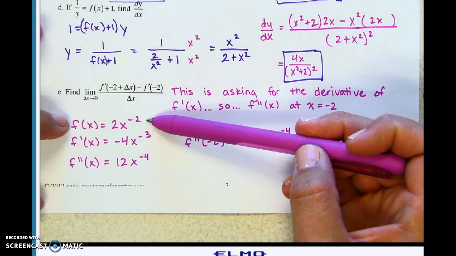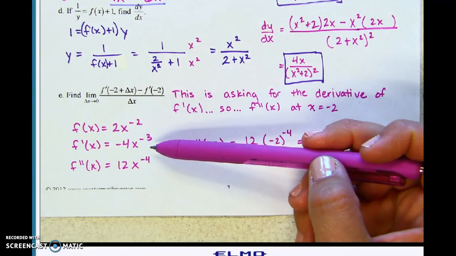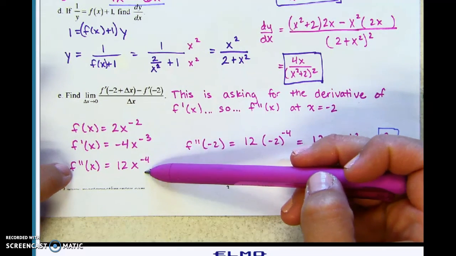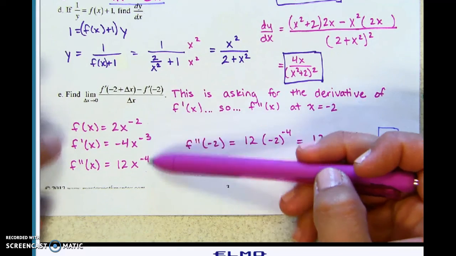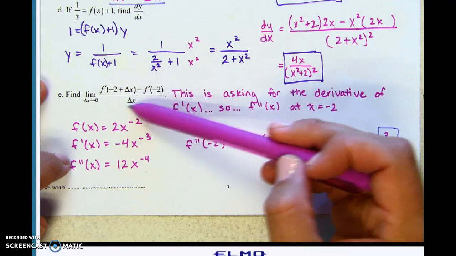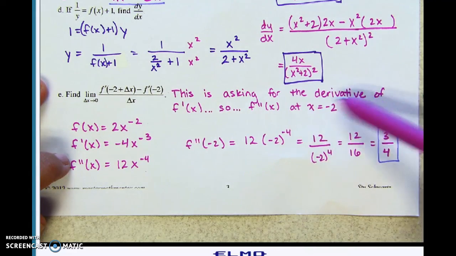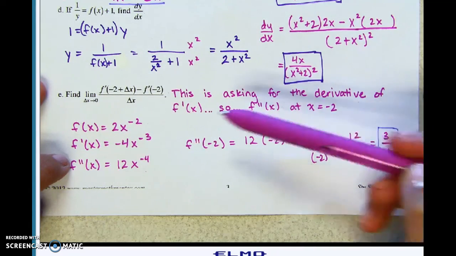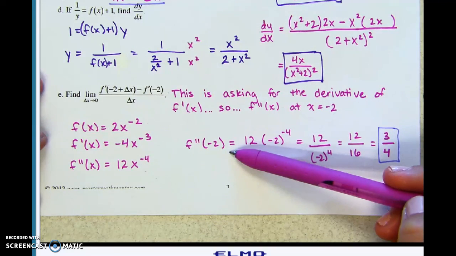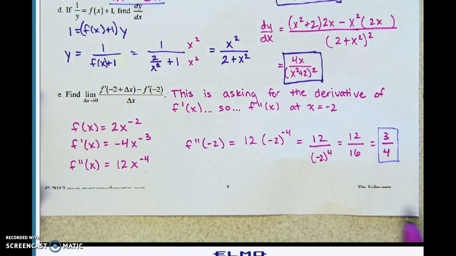We write the original function, take the derivative of that, and then take the derivative again. So now here's our second derivative. We didn't have to do anything with this. This means this. Silly, huh? So we took the derivative using the power rule, and then we're going to plug in -2. And that's the final answer there.